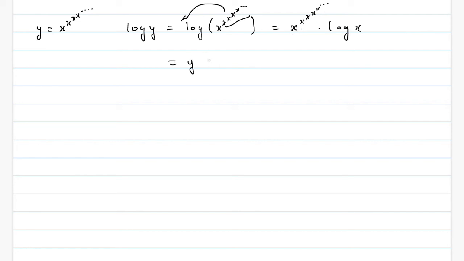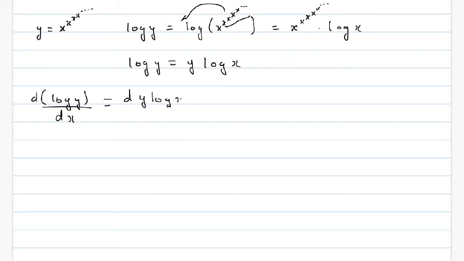So we get y log of x. That becomes our log y. Now we can differentiate both sides. Again we'll differentiate with respect to x. So we get log y differentiated with respect to x should give us differentiation of y log x with respect to x.